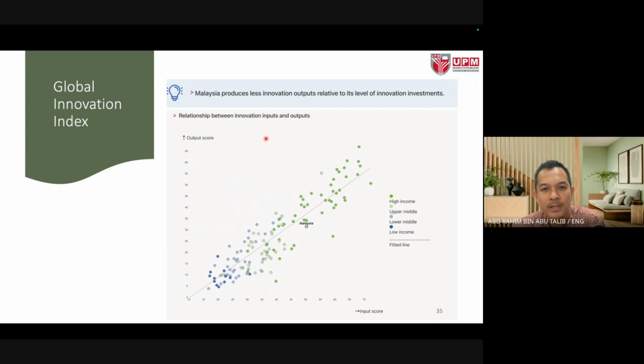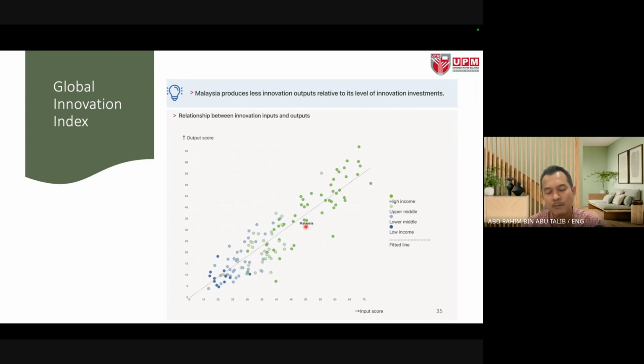We have all the other giants, the other countries. So we sit in the middle compared to our GDP. And looking at the input of innovation versus the output of innovation score, Malaysia produces less innovation output in 2023 relative to the level of innovation investment. Innovation investment, in the case of Malaysia, mostly comes from the government of Malaysia.